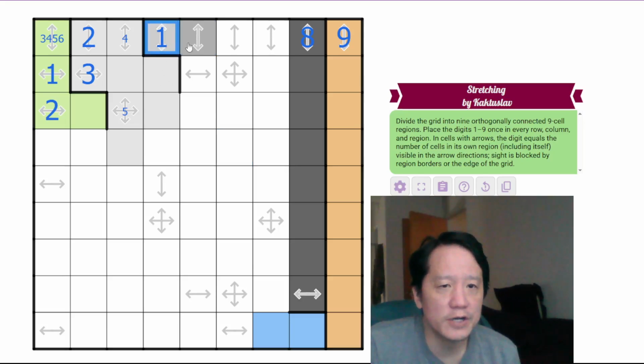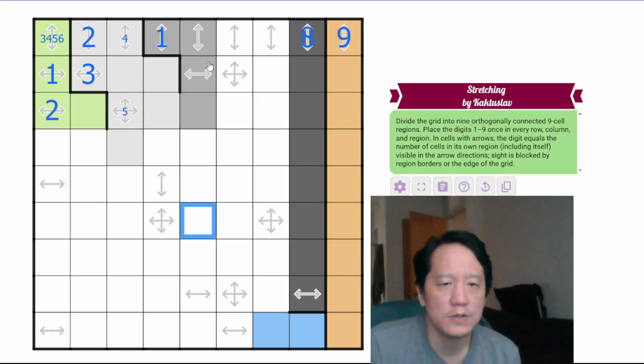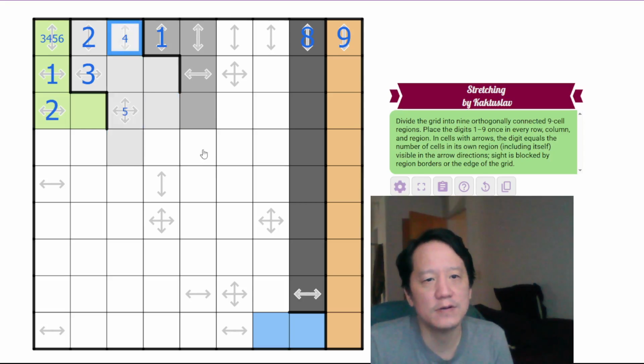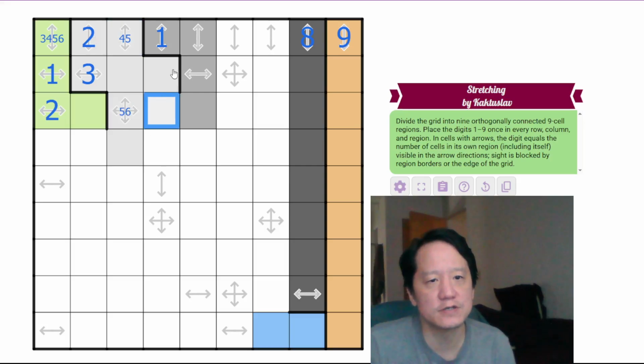This sees 1. This must see more than 3, more than 2. This sees 4 or 5. And this sees 5 or 6. So this is a boundary here.